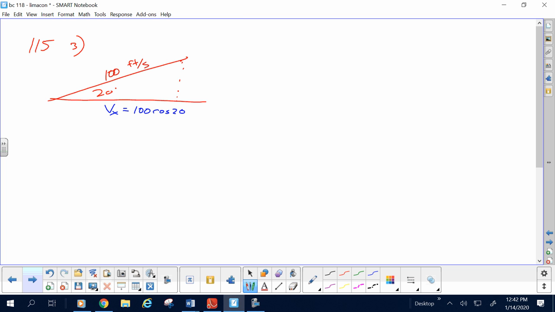How do you convert 20 degrees to radians? What's the conversion rate? Do you agree it would be pi over 9? Okay, I don't like putting my calculator in degrees and I forget to put it back. I just use radians. Okay. Do you agree that that tells you how fast it's moving in feet per second horizontally?